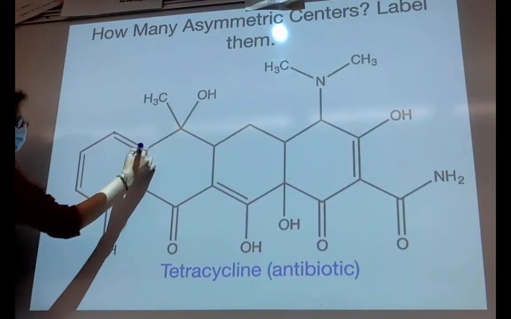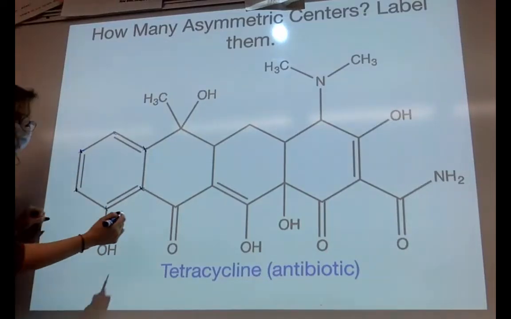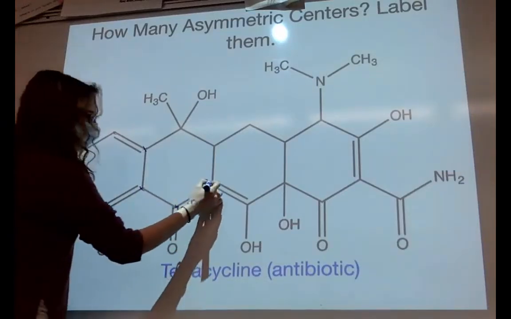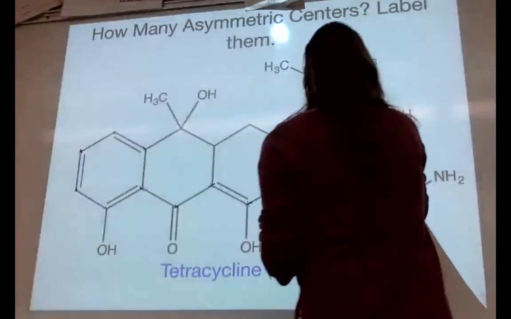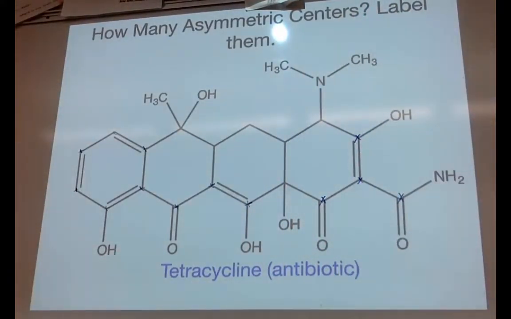So none of these can even be chiral centers. This carbon can't be a chiral center. It has a double bond attached. Any place that there's a double bond to a carbon, it doesn't even have the potential to be a chiral center.